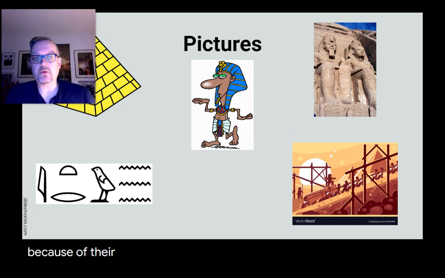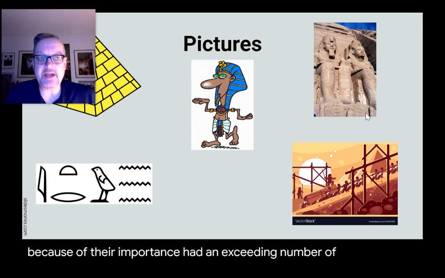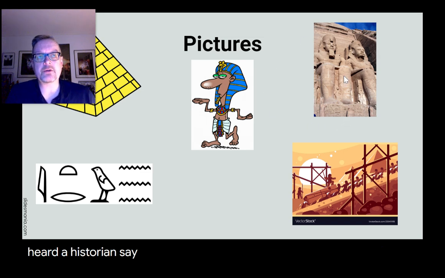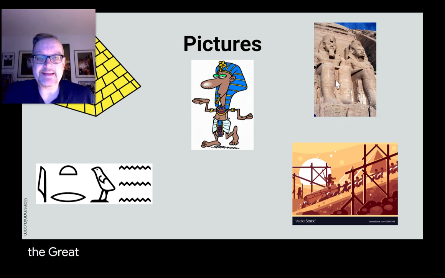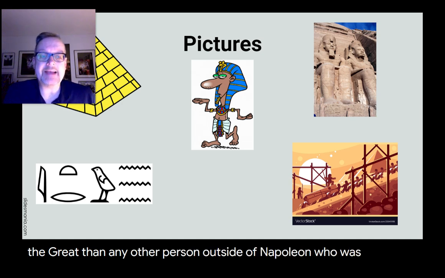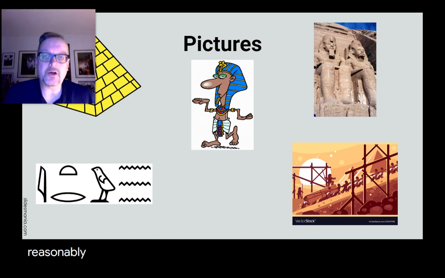Pharaohs, because of their importance, had an exceeding number of statues. I've heard a historian say that there are more statues of Ramses the Great than any other person outside of Napoleon, who was a reasonably modern European political leader.